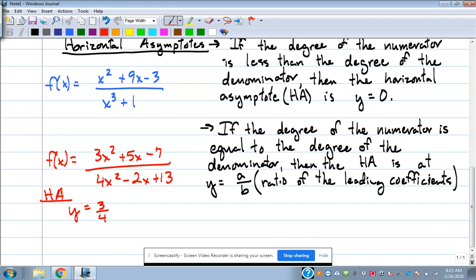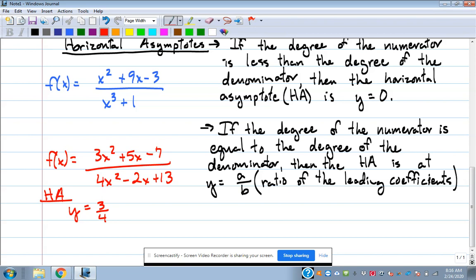Okay. Those are the only two ways that a horizontal asymptote exists. No other way that you could have a horizontal asymptote. Okay. So we got vertical asymptotes. Those are going to exist pretty much on every problem. Unless the denominator completely cancels out when you simplify, you're going to have vertical asymptotes. Horizontal asymptotes only happen if the degree of the top is smaller than the bottom, and it's y equals 0.